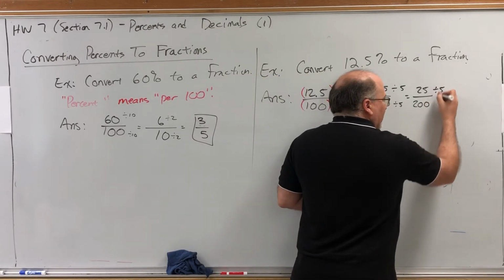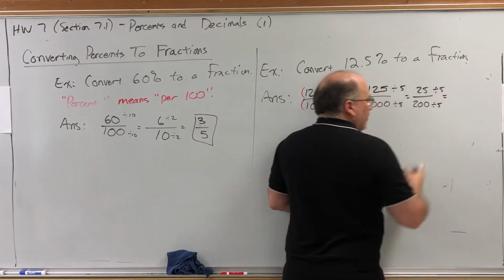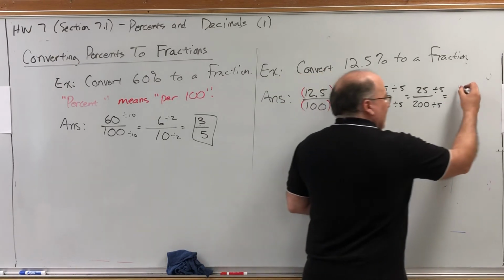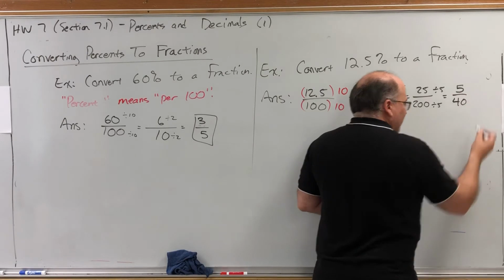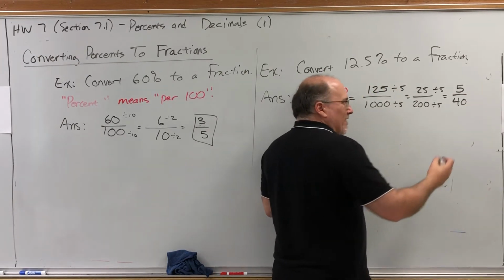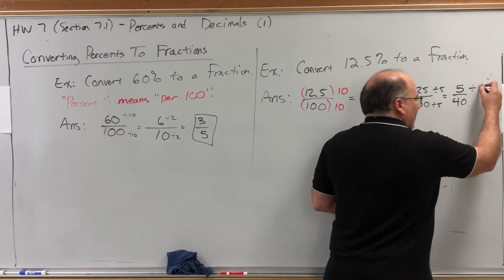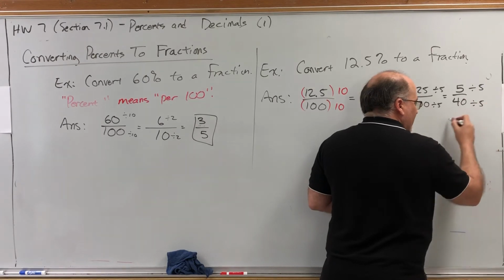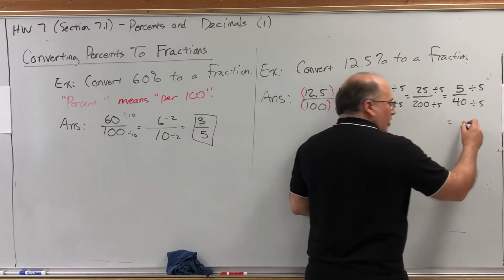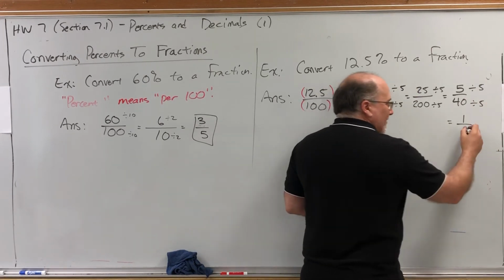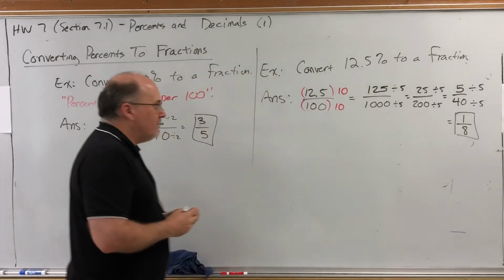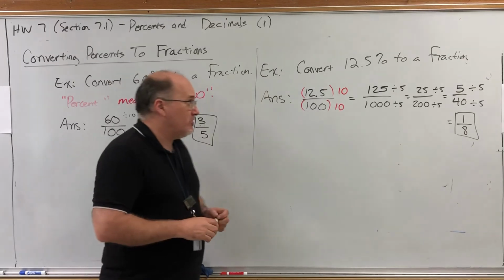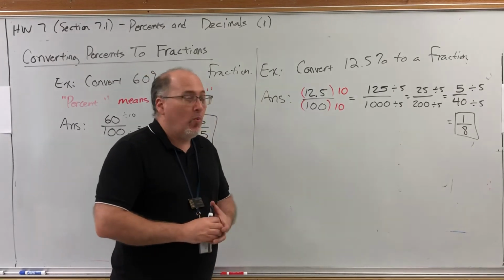So let's do it again. 25 divided by 5 is 5. 200 divided by 5 is 40. It will divide by 5 a third time. 5 divided by 5 is 1. 40 divided by 5 is 8. So 12.5% as a fraction is 1/8.